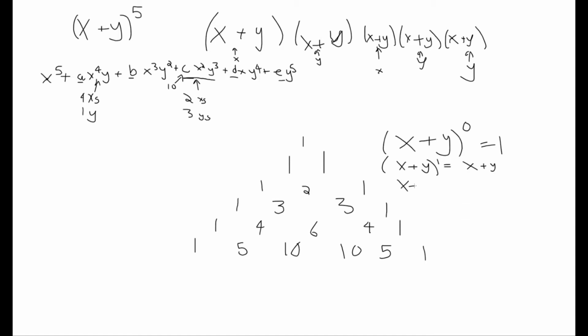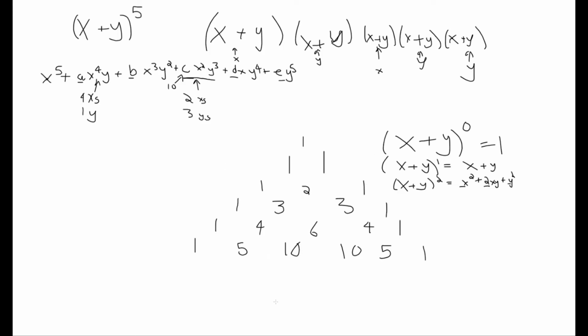X plus y squared, maybe we're seeing the pattern now, is equal to x squared plus 2xy plus y squared. And we see that there's a coefficient of 1 here, coefficient of 2 here, a coefficient of 1 here. And we have a 1, a 2, and a 1 here.